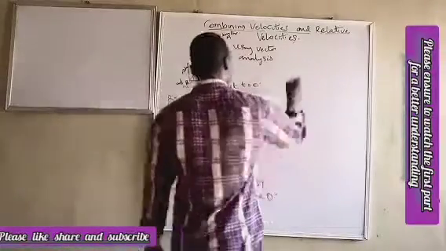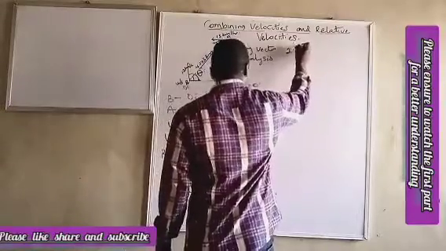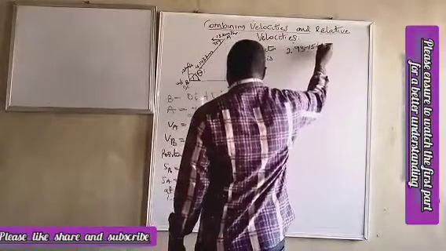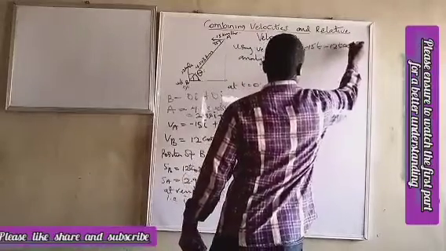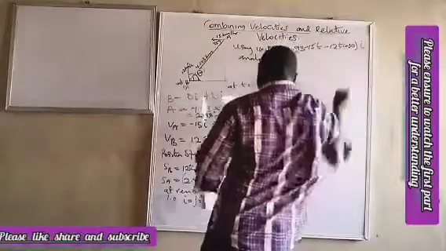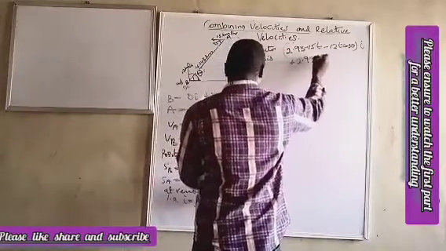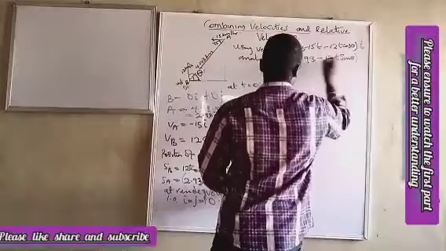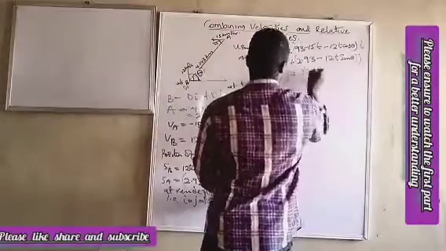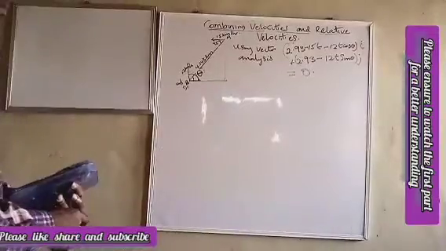It means that 2.93 minus 15t minus 12t cos theta i plus 2.93 minus 12t sine theta j will be equal to 0.